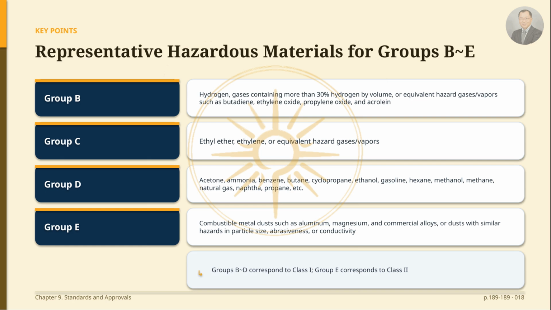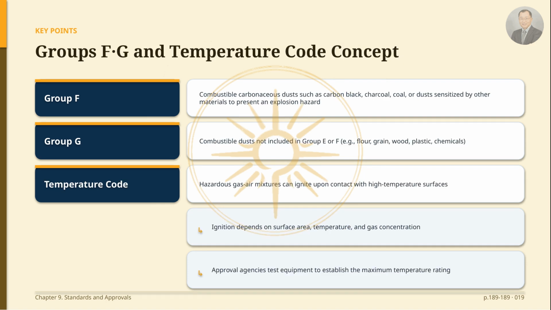Group E refers to atmospheres containing combustible metal dusts, including aluminum, magnesium, and their commercial alloys, or other combustible dusts whose particle size, abrasiveness, and conductivity present similar hazards when using electrical equipment. I'll explain the remaining dust groups and the concept of the temperature code.